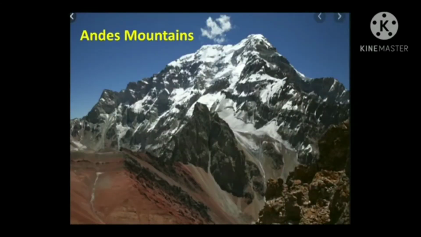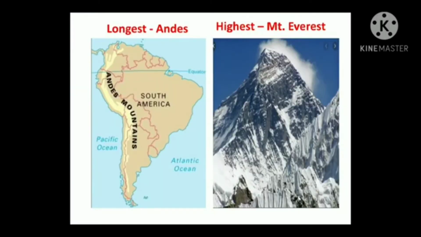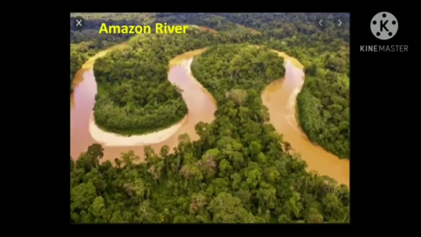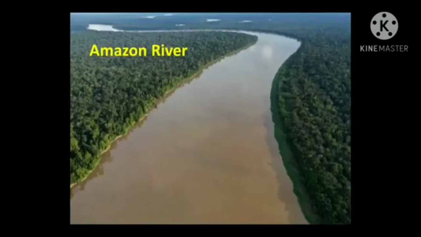Children, can you identify the difference between Mount Everest and the Andes Mountains? Yes, you can, right? Mount Everest is the highest mountain peak in the world, while the Andes is the longest mountain range in the world. Don't confuse it, okay? Then the world's largest river, the Amazon, is also situated in South America.